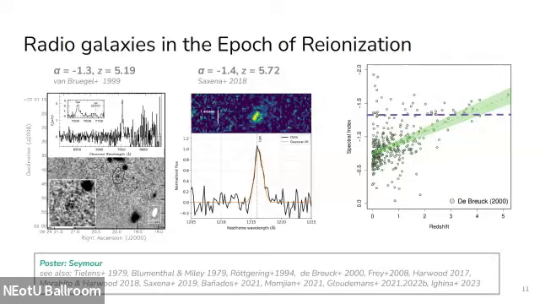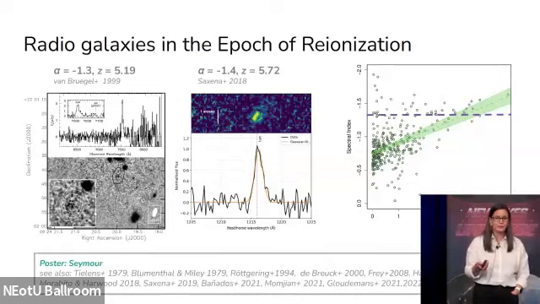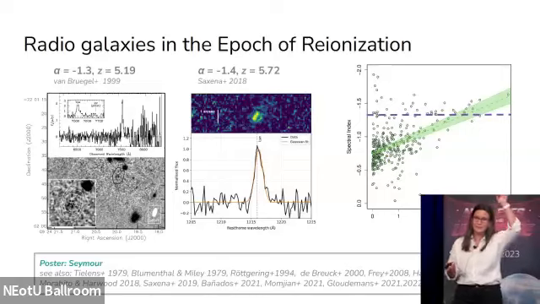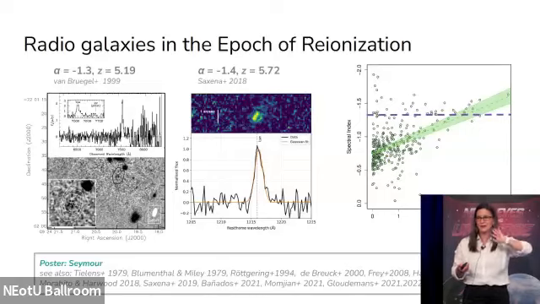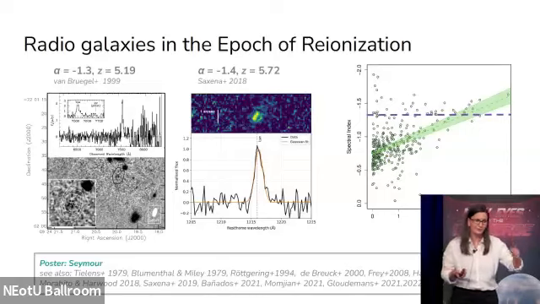Radio surveys have actually been a very successful method for finding high redshift sources since the late 1970s, thanks to this observed correlation between the radio spectral index and redshift that you see on the right here. That purple dashed line is the definition of ultra-steep spectrum sources. So anything above that is ultra-steep spectrum.